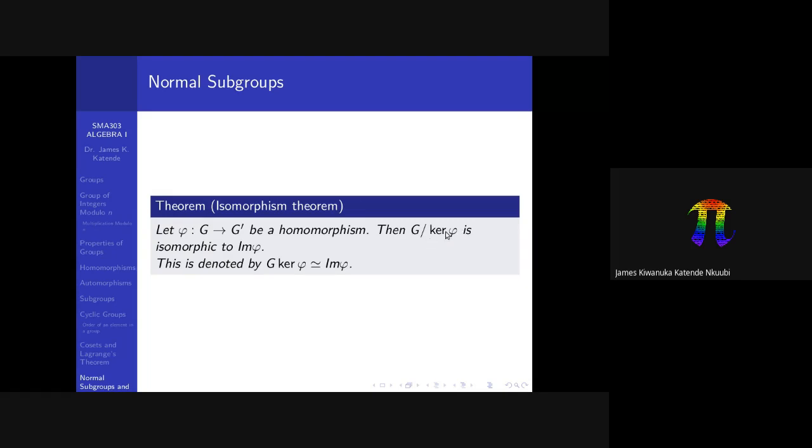So you can define a map from this as a group to this one as a group, and you need to find one that is an isomorphism. And if you find one, then you will have proved that the two groups are isomorphic. And this is a shorthand. So this means that this group, the factor group G by the kernel, is isomorphic to the image. Is that okay?